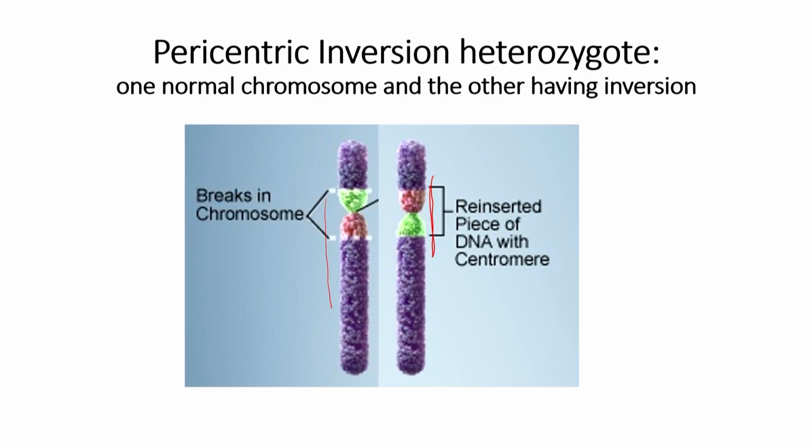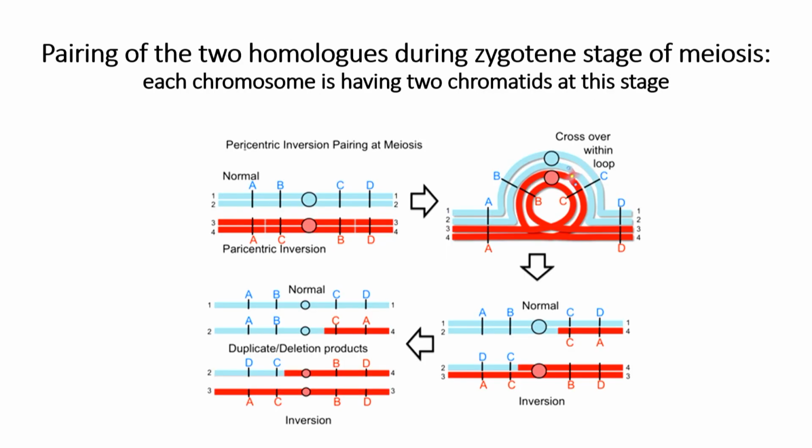So this part is inverted. The same kind of pairing will be there as in the last case. You can see in the normal one A, B, C, D, centromere in the middle, and in the inverted one A, C, B, D, centromere in the middle.